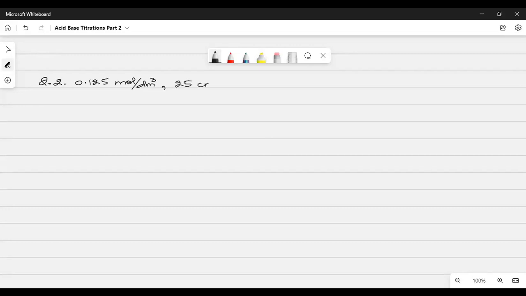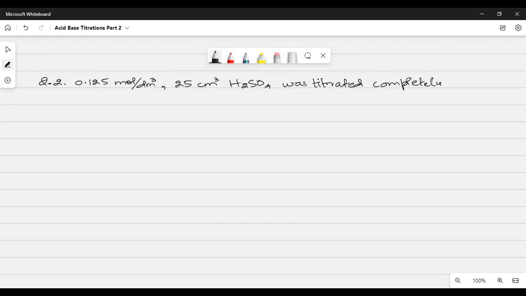25 cubic centimeter, which is 4, was reacted. Actually, I shouldn't be using the word reacted. I should be using the word titrated.